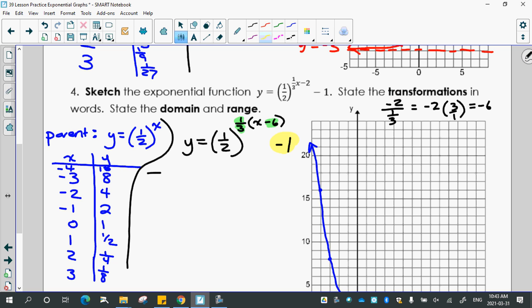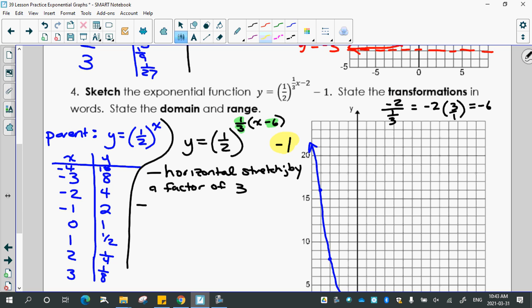And from left to right, the first one we get to is the 1/3, which is a horizontal stretch. Good. Horizontal stretch by a factor of what? 3. Good.